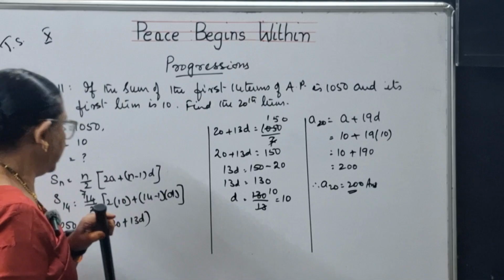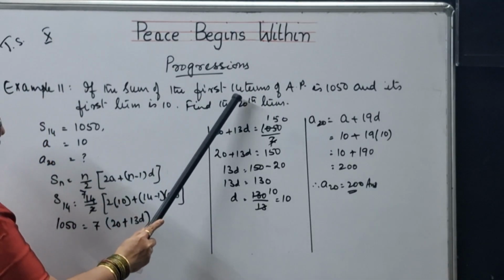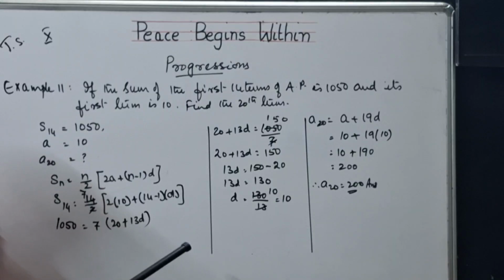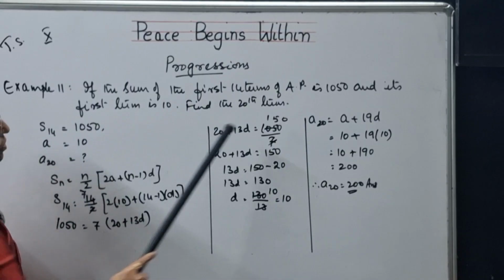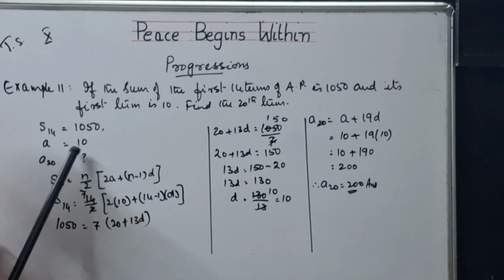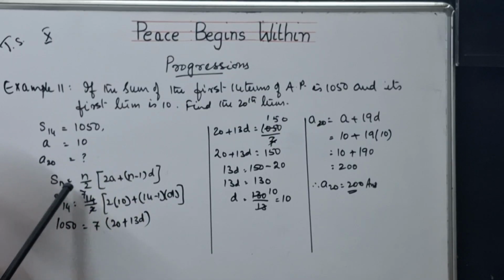So, let me explain once again. They have given that the sum of the first 14 terms of an AP is 1050, and the first term a is 10. You need to find a20. So what is given? Sn is given.